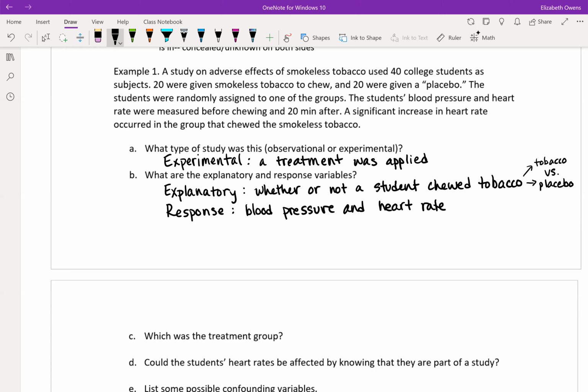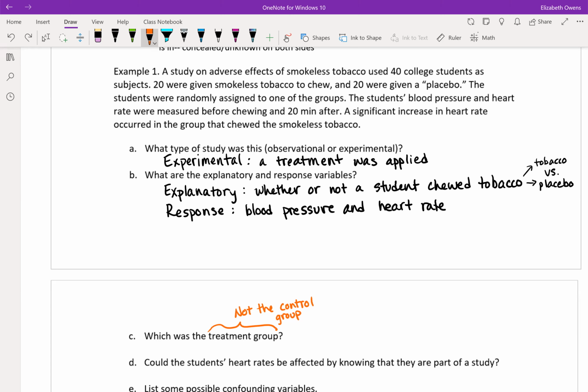Next, which was the treatment group? So treatment group here is referring to not the control group. So let's put that in as a little definition. Not the control group. Because who would the control group be? The ones that got a placebo.